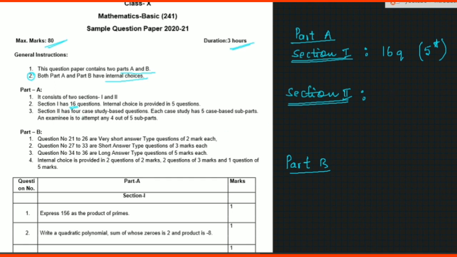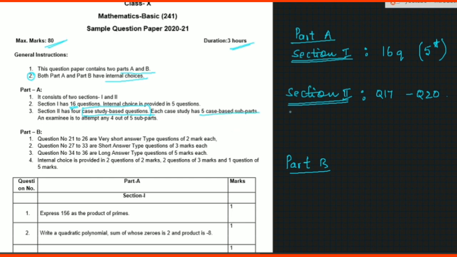And then section 2 has 4 case study based questions. Means question number 17 to question number 20 are case study questions. I know you are eagerly waiting to know what these case study based questions are, and we are going to do many more case study questions also in the forthcoming videos. Each case study has 5 questions.